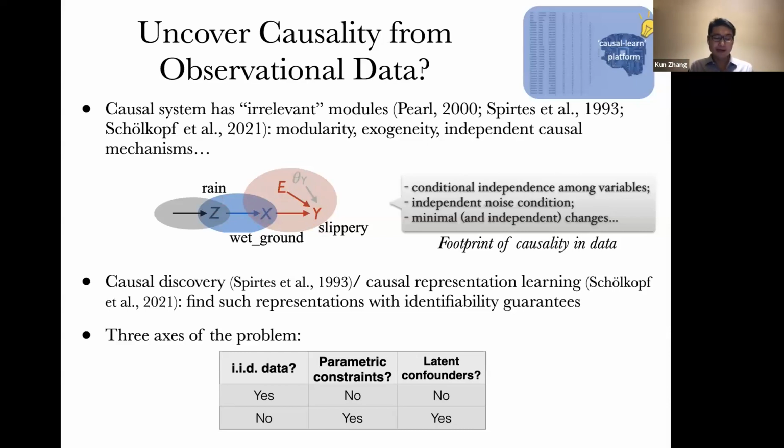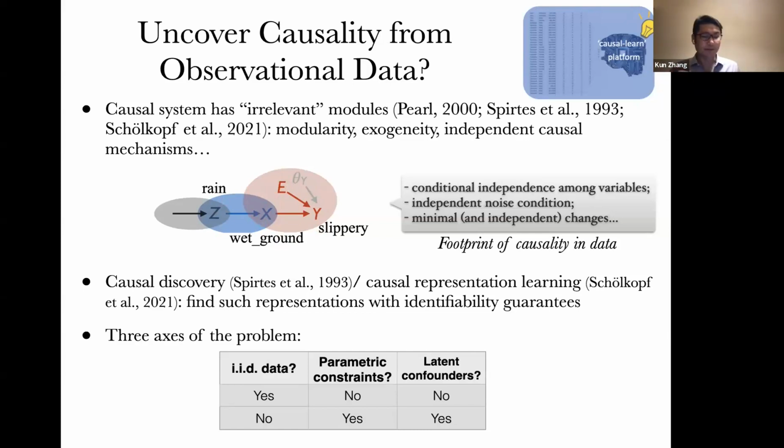Furthermore, you have the independent noise condition: X, wet ground, would be independent from the noise term in the generation process for Y, if X and Y do not share other latent common causes. And if you allow the system to change, you can see the minimal change property, or independent change property, of a causal system.